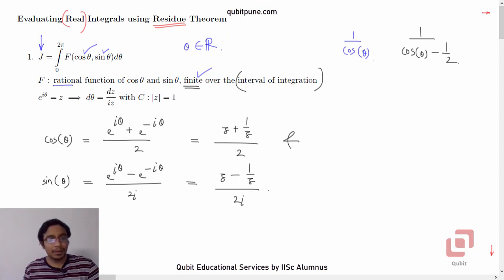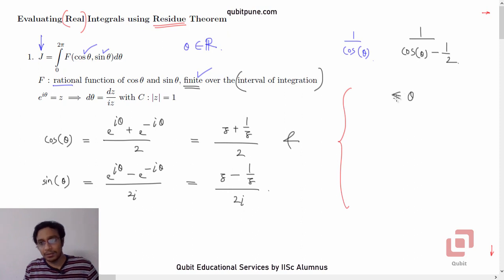Now we will be following the same procedure in all these problems, type 1 integrals. That procedure is this: we will introduce a curve in the complex plane, parameterized by a real variable theta, which takes values between 0 and 2 pi.